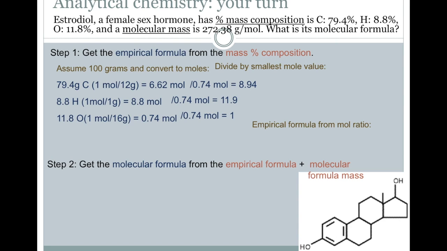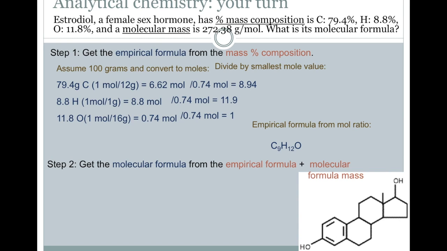So from this information, then we can write the empirical formula. So again, we round off because you can't have part of a carbon atom. So we round off to the nearest whole number. And for any information that I would give you, it's going to be close to a whole number if you calculate correctly.